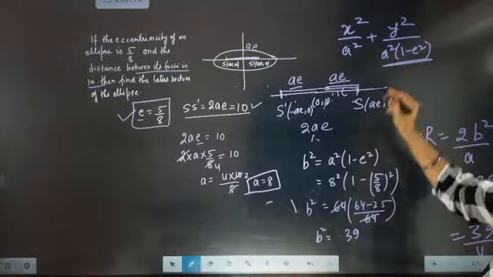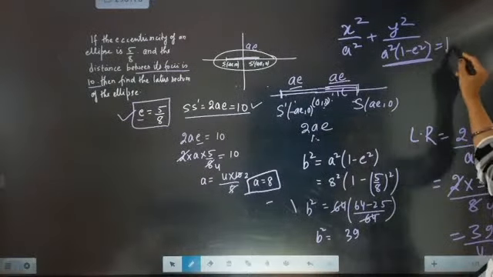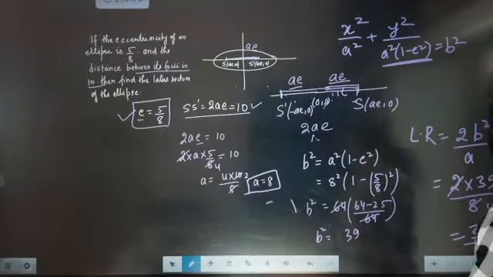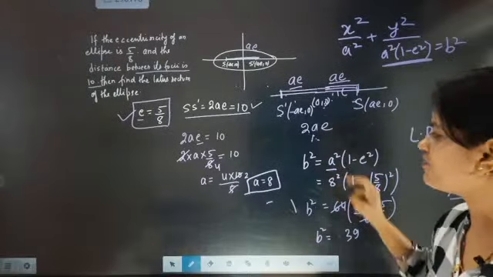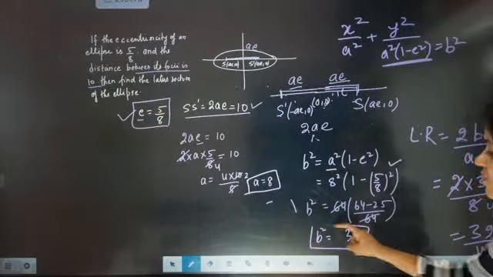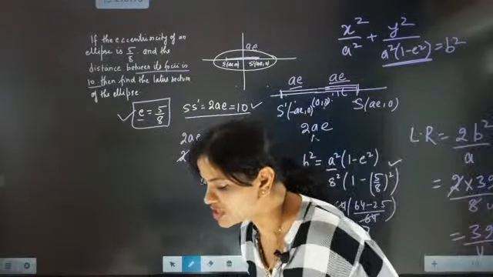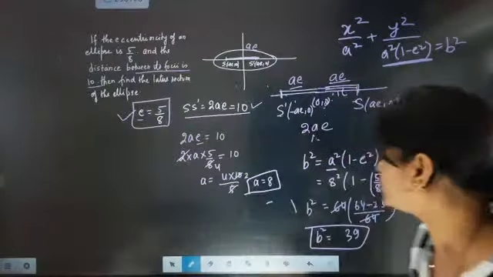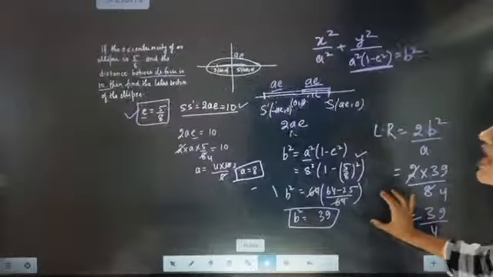So this will be exactly nothing but B square. So this value I picked from there, then substituted the A square value and E value, and we got B square.